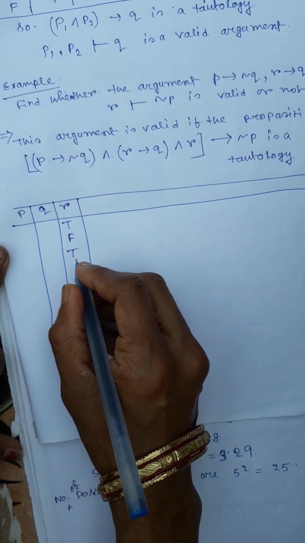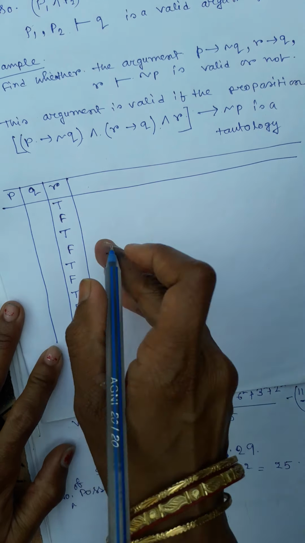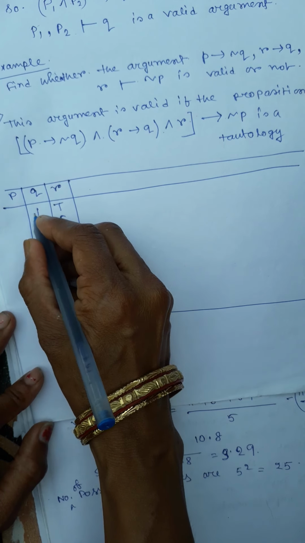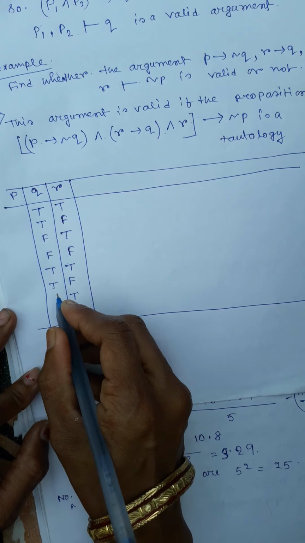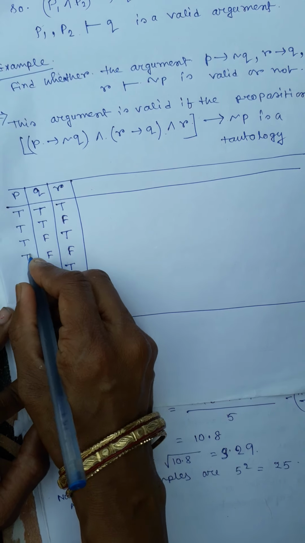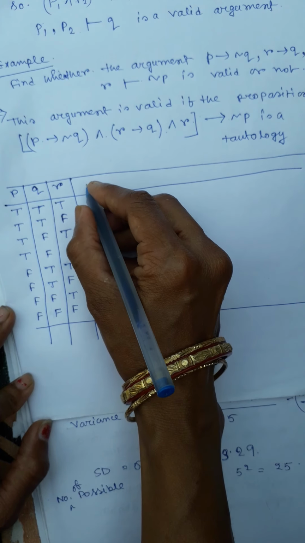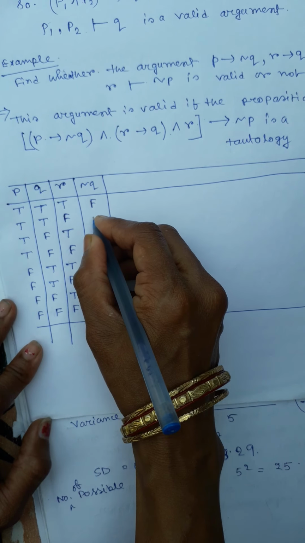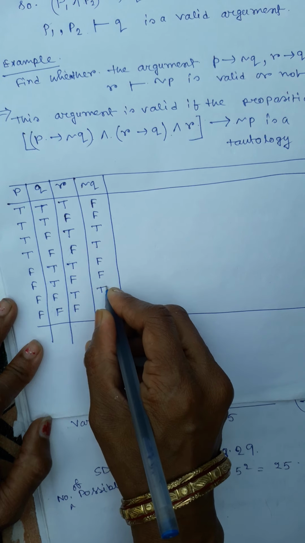True, false, true, false, true, false, true, false. As there is a 3 combination, so we get 8 outcomes. True, true, false, false, true, true, false, false. And this is 4 true and 4 false. Okay, then we find out negation of Q. Negation of Q means false, false, true, true, false, false, true, true.